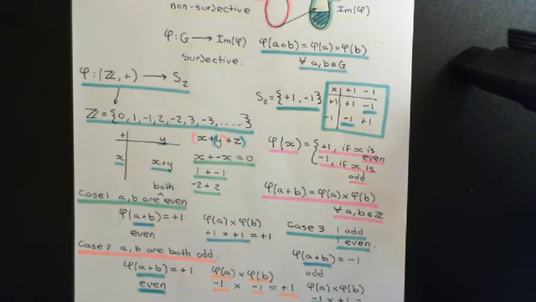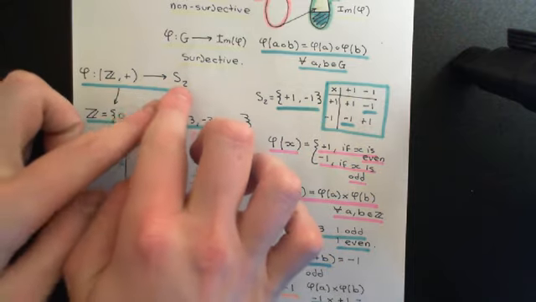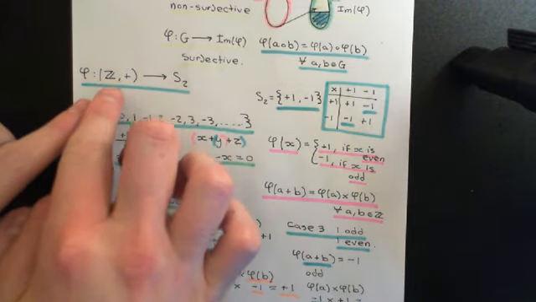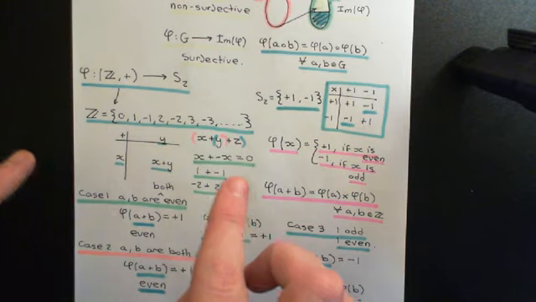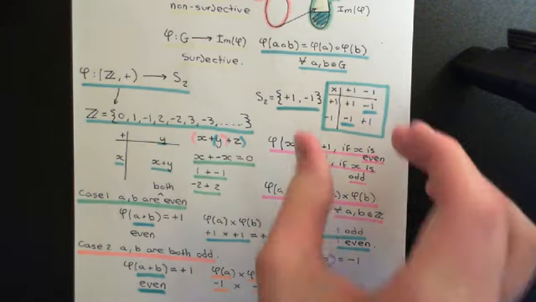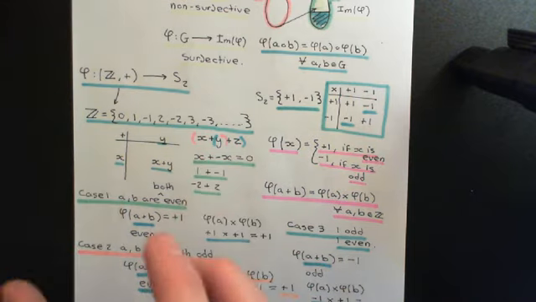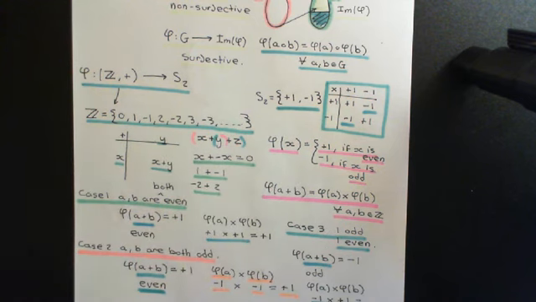If you've got a homomorphism between two groups, it means that the codomain group captures part of the algebraic truth in the domain group, basically. This is capturing part of the algebraic truth of the domain group, which is the group of integers under addition, basically.